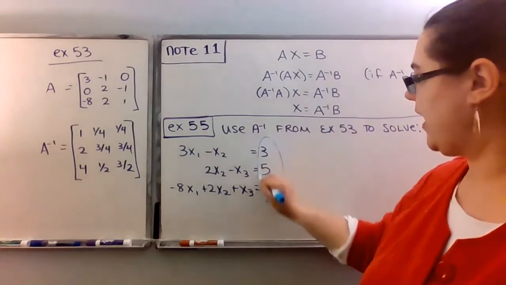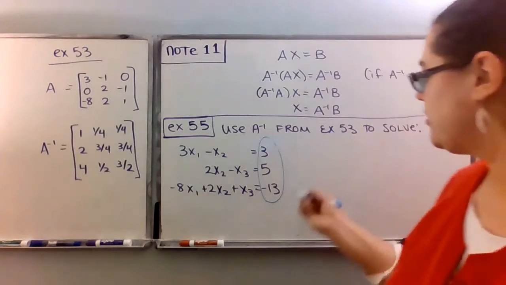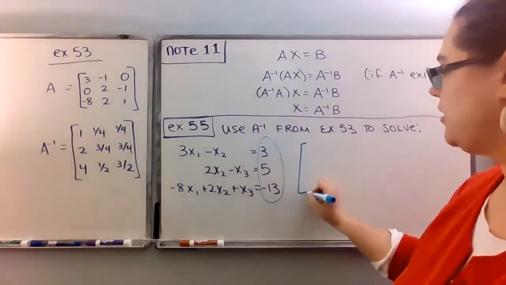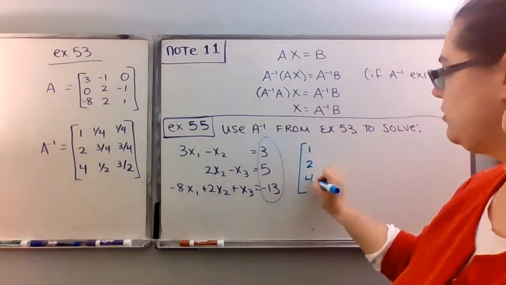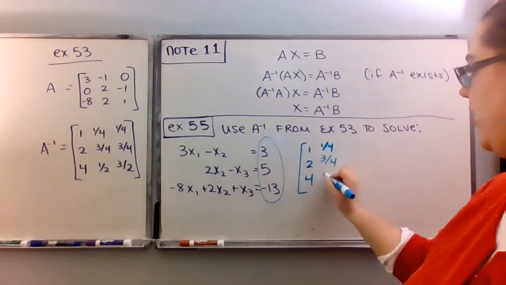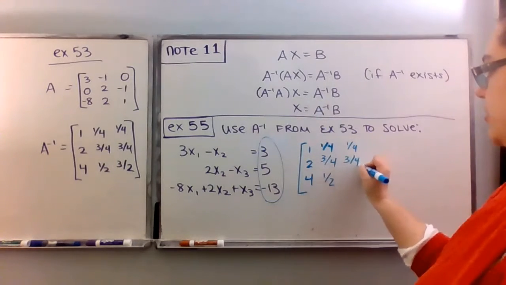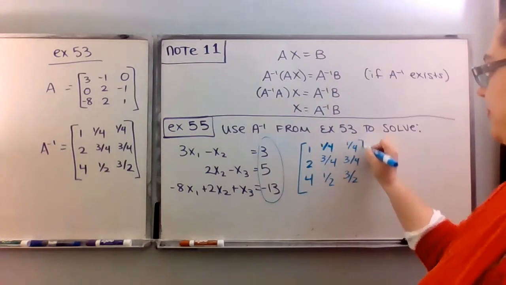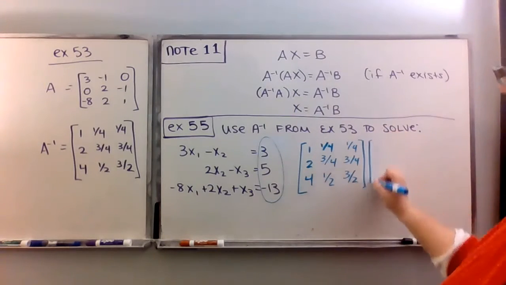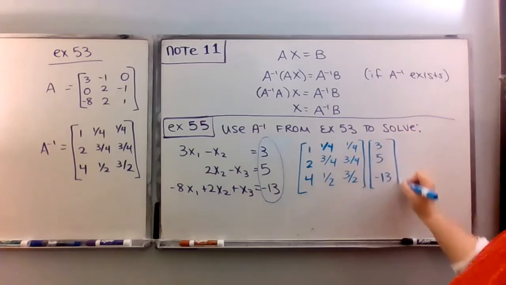So we're going to take that A inverse and multiply it by this column matrix. So we'll take 1, 2, 4, 1/4, 3/4, 1/2, 1/4, 3/4, 3/2, and we'll multiply it by 3, 5, -13.